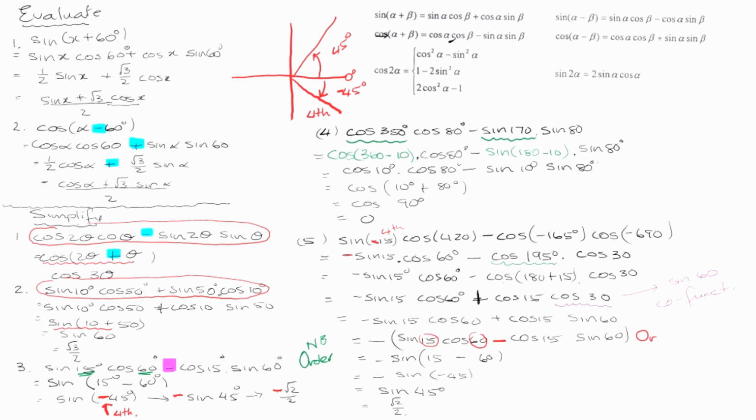So the order is important because that then picks up a minus, and that minus then is fourth quadrant, comes out and multiplies by that. So let's just write in fourth quadrant for that, and the 2 multiply together, giving us sine of 45, which gives us root 2 on 2.